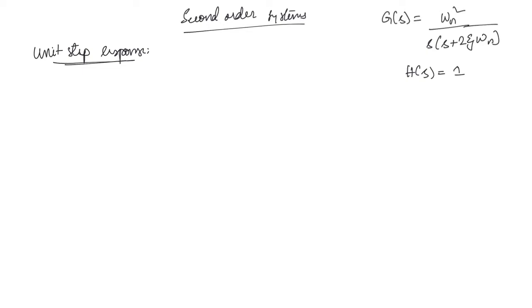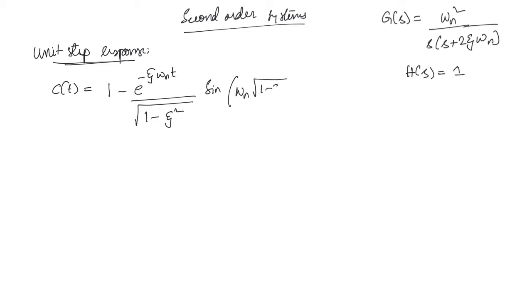Okay, so we got that as C of t is equal to 1 minus e to the power minus zeta omega n t divided by root over 1 minus zeta square, sine of omega n root over 1 minus zeta square t plus theta.